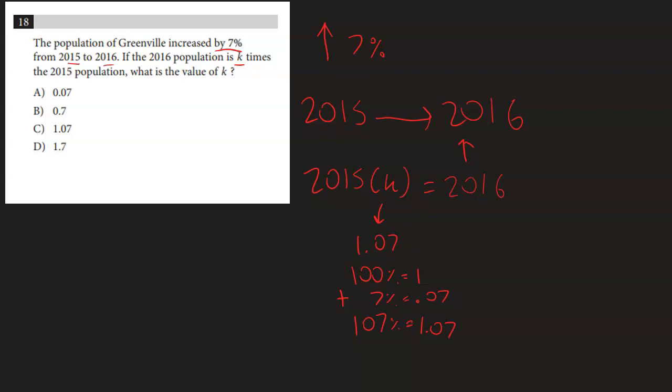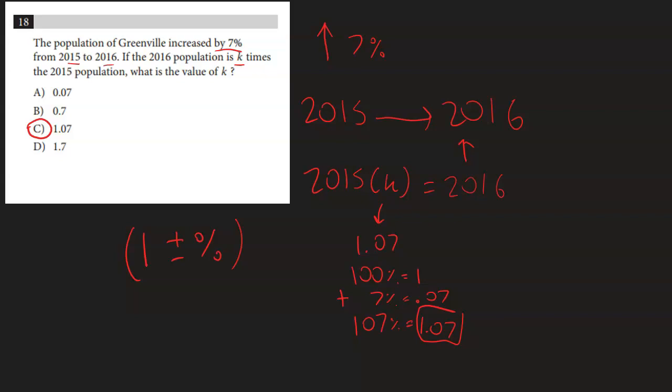And so if you make K 1.07, then you would get answer choice C. It's a good rule of thumb that when increasing or decreasing by a percent, it's either 1 plus or minus the increase or decrease. You obviously add it if it's increasing and subtract it if it's decreasing, and that's just for all math in general.